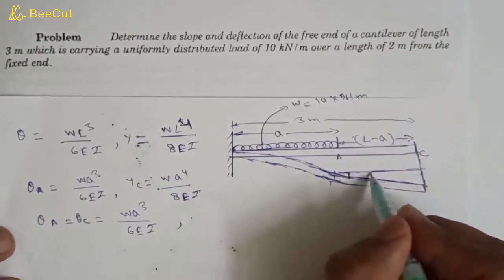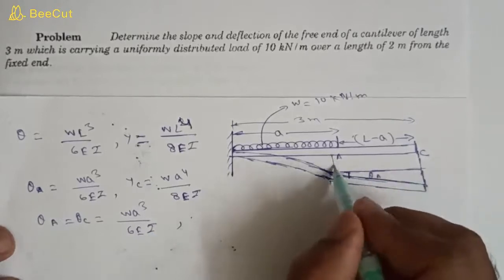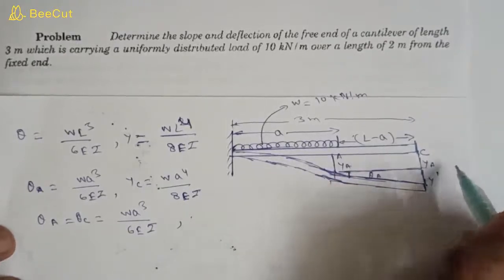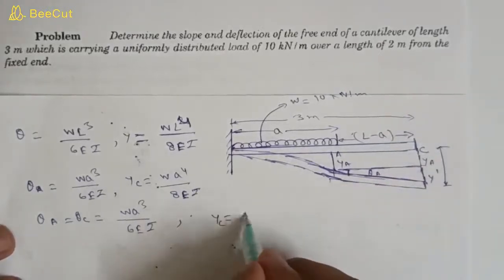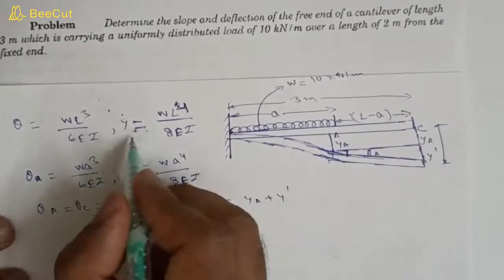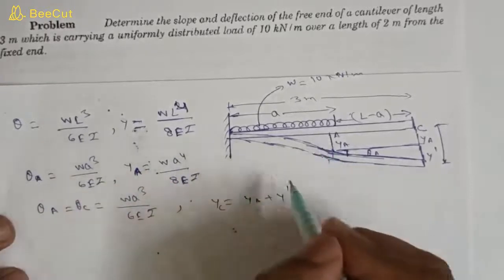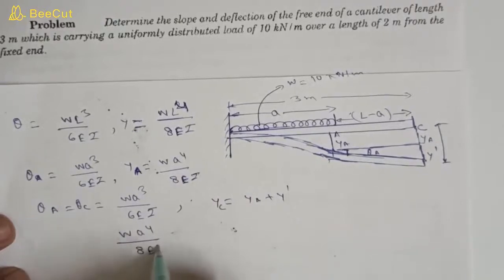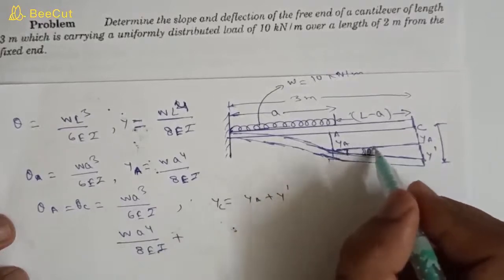Now this is theta, and this is theta A, and suppose this is YA, and suppose this is Y dash, then total deflection will be YA plus Y dash. YC is equal to YA plus Y dash. Now YA we already know. YA is WA to the power 4 upon 8 EI, plus Y dash will become this angle into this length.